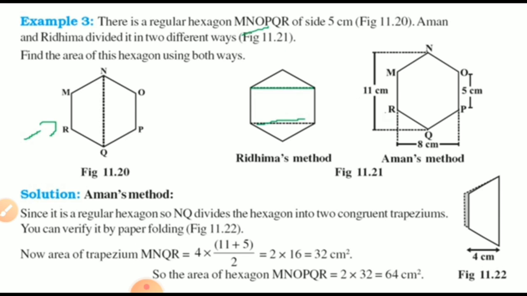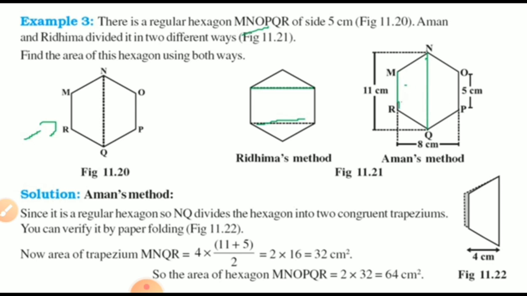The figures are here, 11.21. Yes, my dear students, solution as per Aman's method. Since it is a regular hexagon, NQ divides the hexagon into two congruent trapeziums. Yes, you can verify it's a trapezium, 11.22.